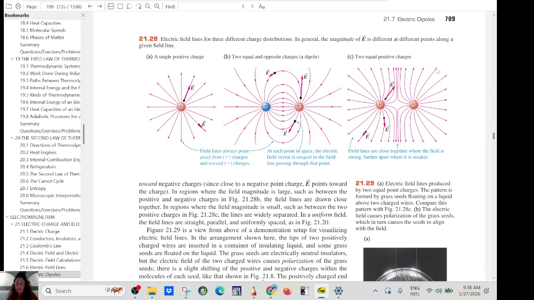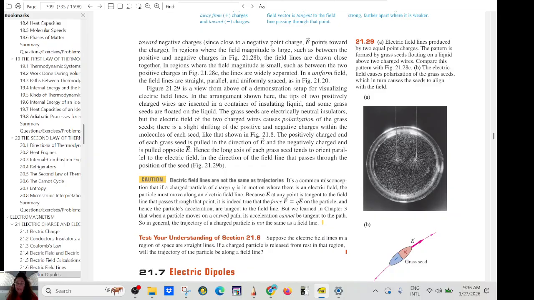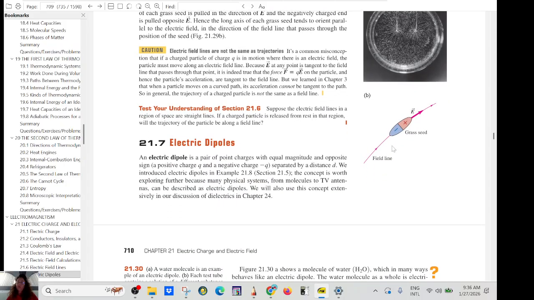Okay, so this is a dipole here. See, so if you use castor oil here and you have a grass seed, so it's an insulator, but it gets polarized. So the plus wants to go with the electric field, the minus wants to go against the electric field.